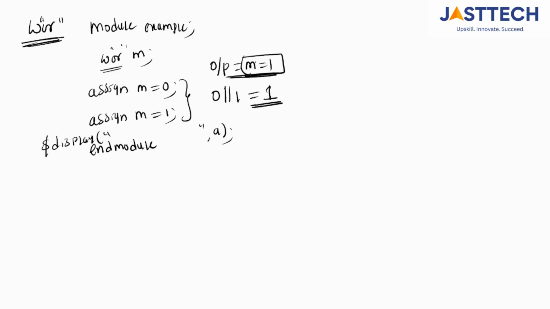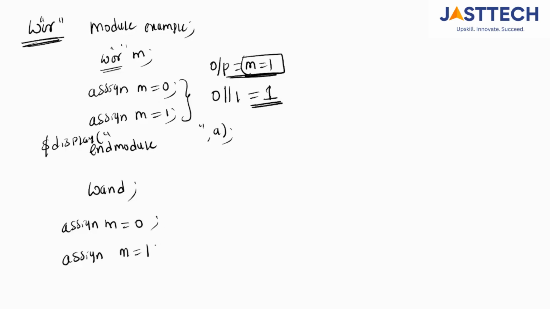This is about var, and similarly wand also. For the same program I am using the wand data type: wand m, assign m equal to 0 and assign m equal to 1.